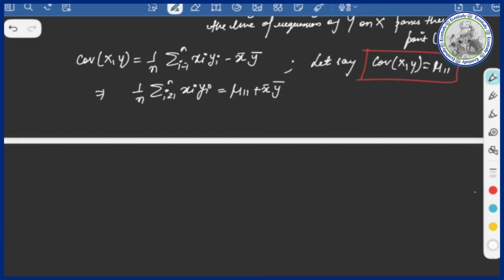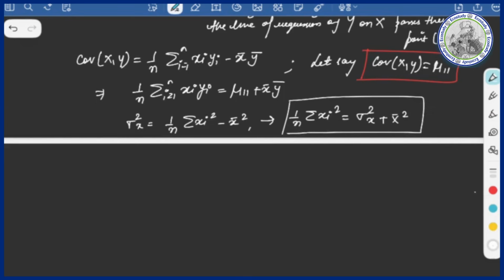And also we know that sigma squared x is equal to 1 upon n sigma xi squared minus x bar squared. So 1 upon n sigma xi squared can be written as sigma squared x plus x bar squared.